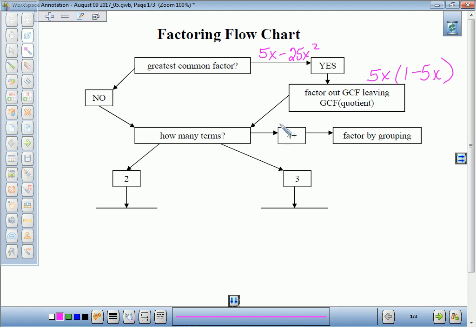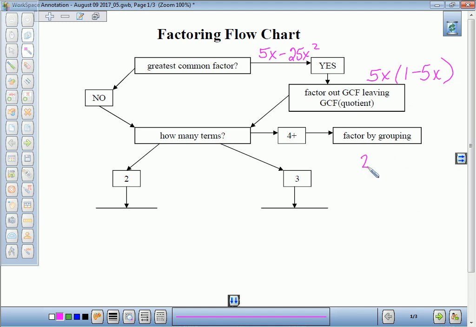If it has 4 or more terms, we're going to try to factor by grouping. And I'll show you that in just a moment. If we had an expression such as this one.